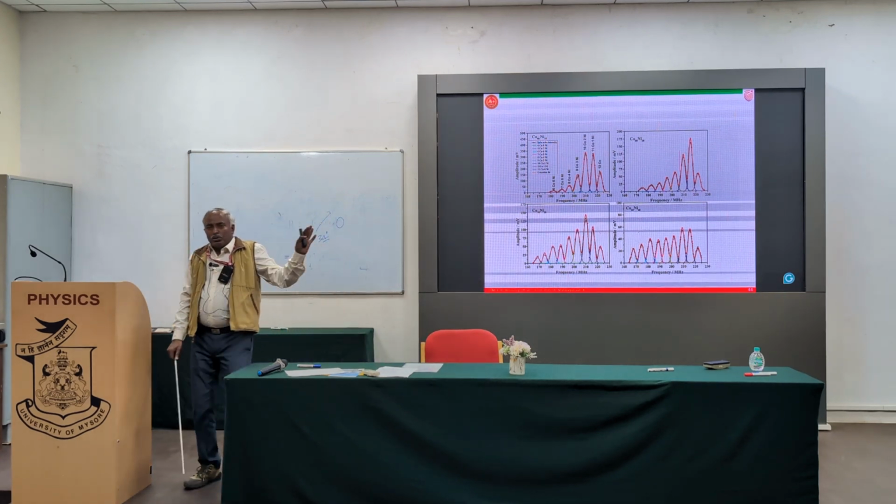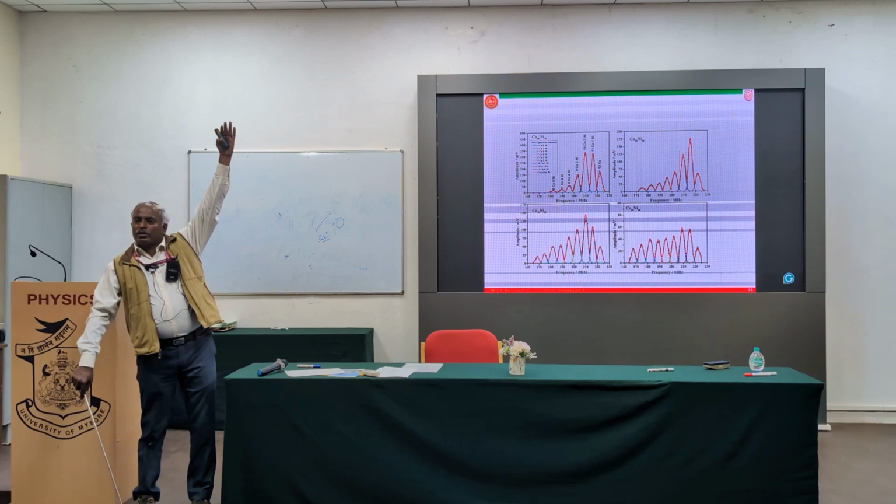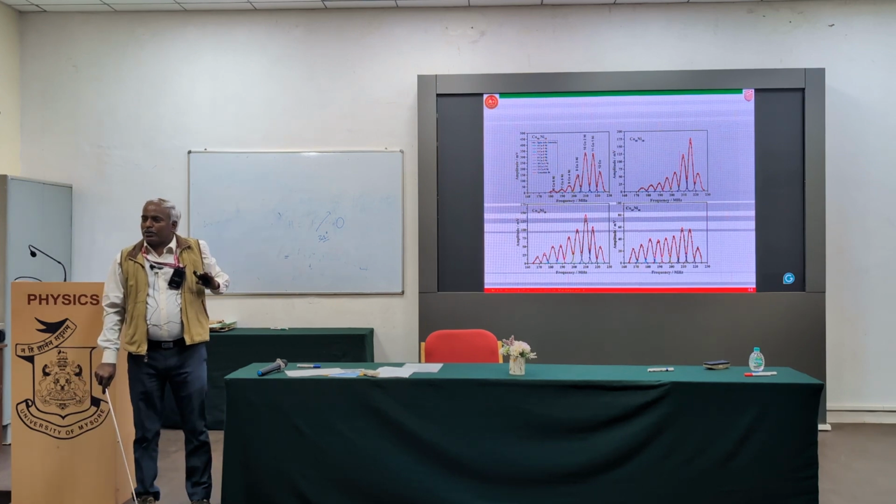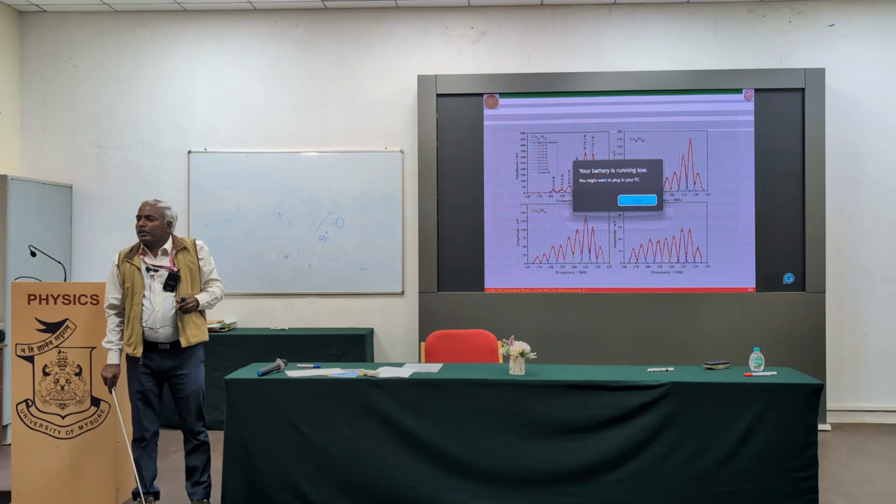When I do VSM, it only shows that the magnetization is going up or coming down. It doesn't give microscopic information.